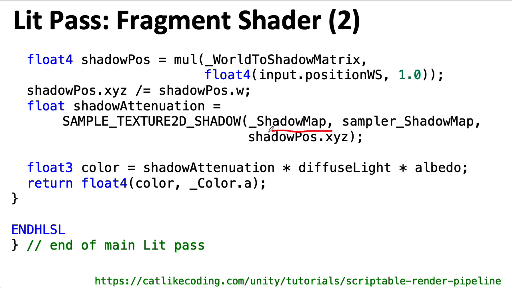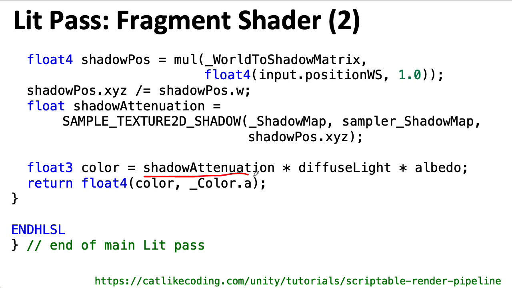If the value it found in the shadow map is less than the Z coordinate, then you assume that the object is in shadow, and this is going to return 0. Otherwise, it returns 1. Generally, that's the case where what it finds in the shadow map matches what's in the Z position. Although, as we'll see later, there's a little bit of slop here that we need to deal with.